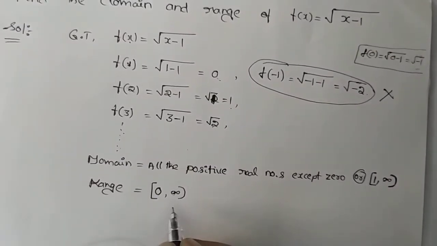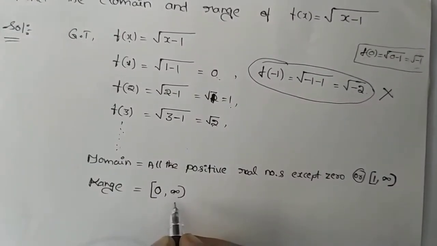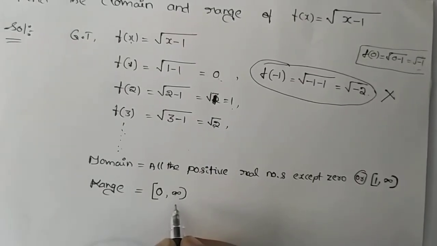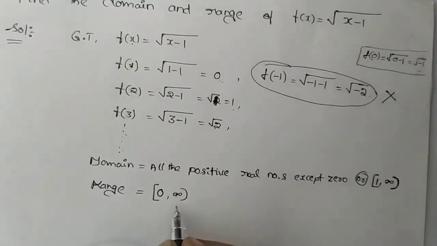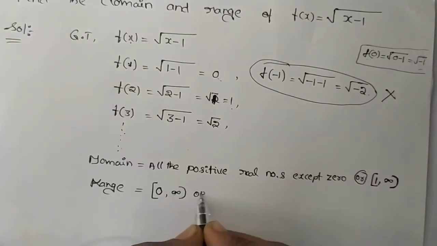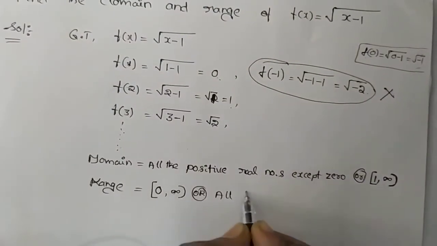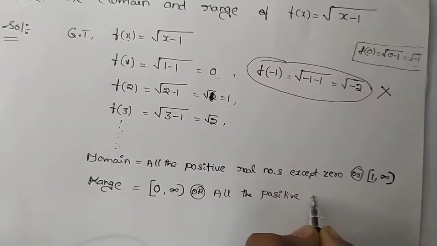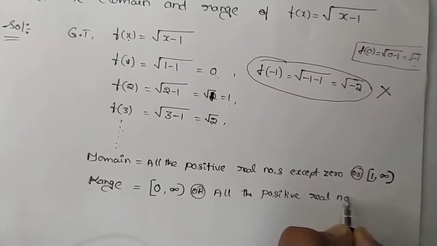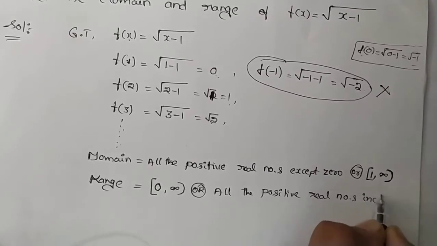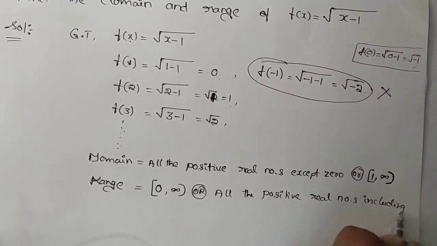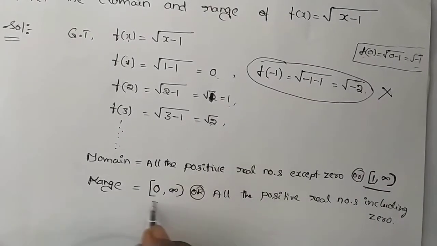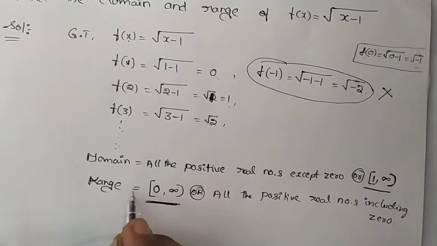Or you can write all the positive real numbers including 0. It is the symbolic representation of the domain and range.